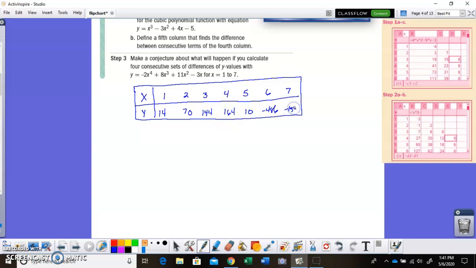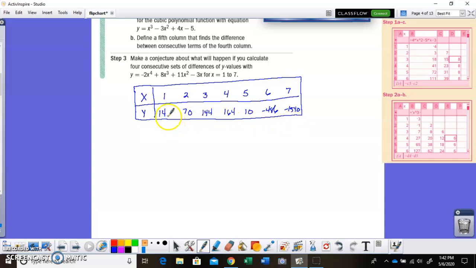I can tell you why that's happening. Up until this point, this 4, with the -2 and substituting numbers into the 4th power, this thing was growing very fast. And when we multiply by -2, it makes it negative. But it didn't have much effect until we hit 5. And then all of a sudden, by making that a negative number, it was growing very large as this first term. That's what was causing this to go down all of a sudden.